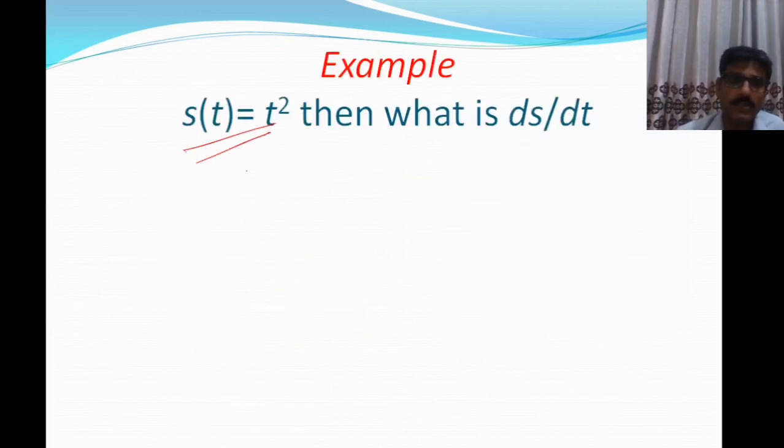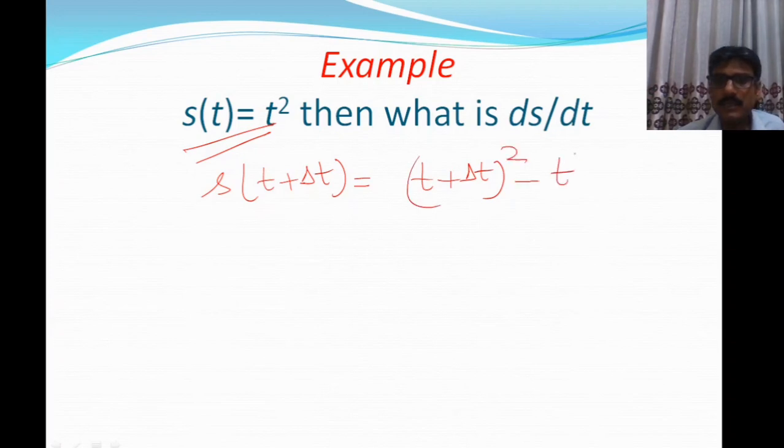The example is s(t) equal to t square, and here first of all we will calculate s(t plus delta t), which is nothing but (t plus delta t) square. So it is t square plus delta t square plus twice t delta t.